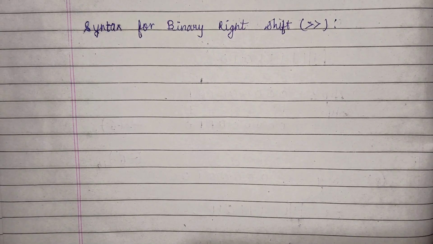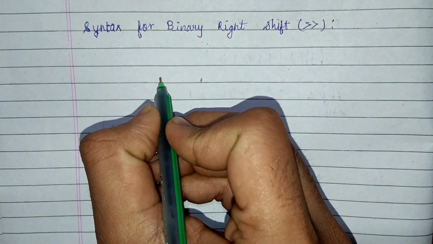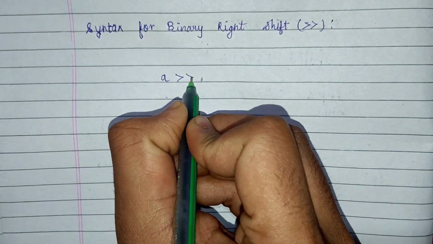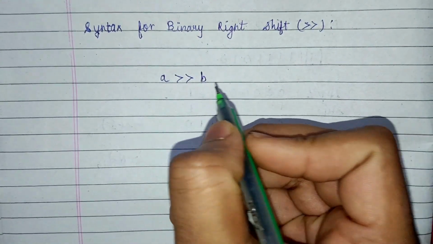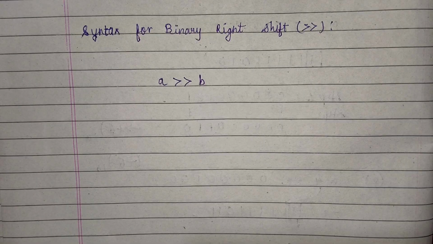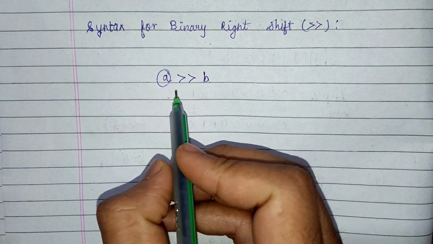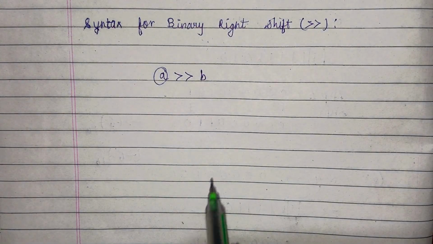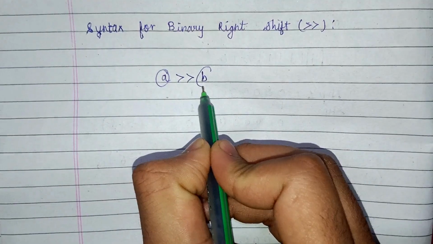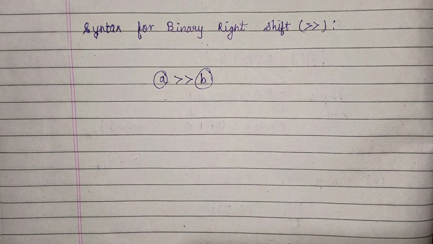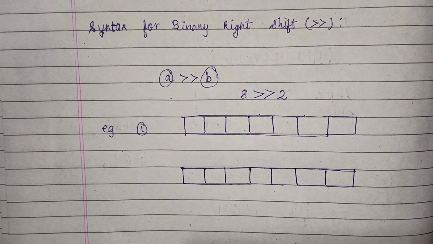Let's see the syntax for the binary right shift. A right shift B, where A is the integer value that we have to shift and B specifies how many positions to shift the bits. Let's see the example.